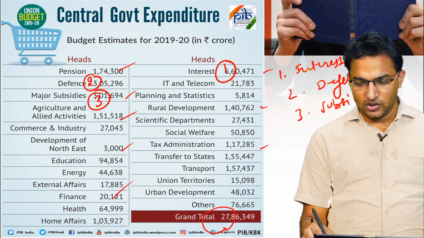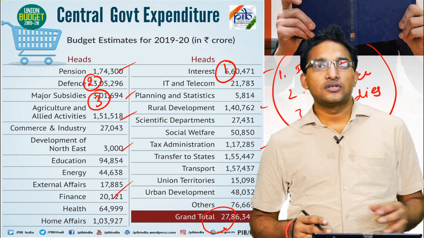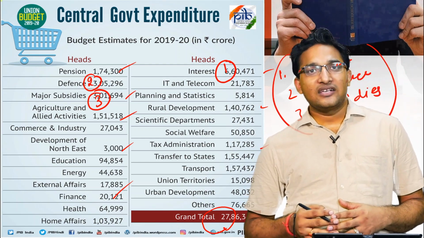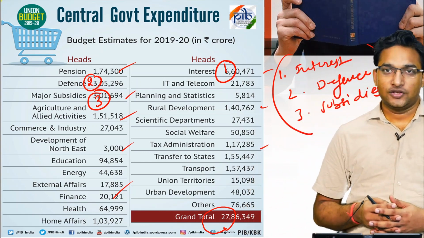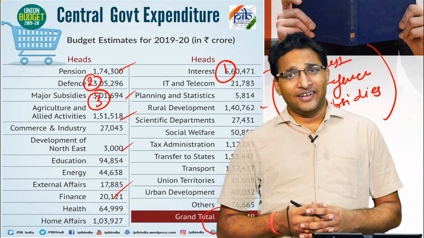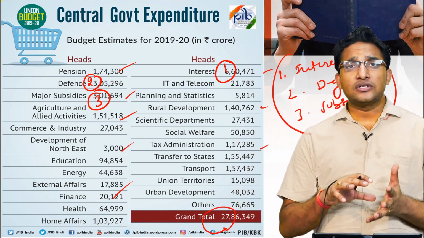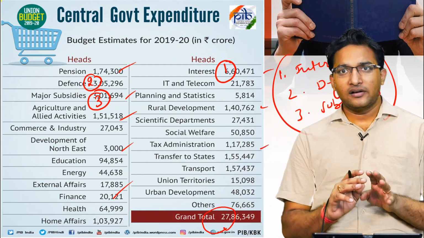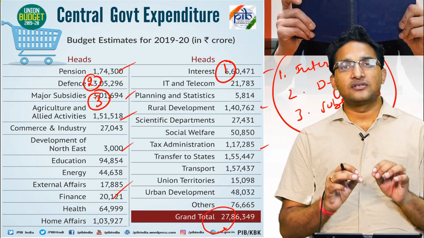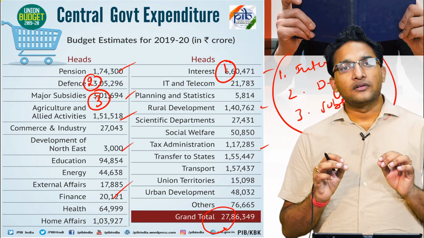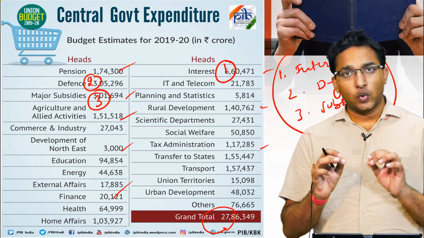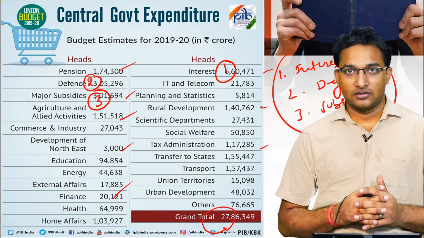You should remember this order of expenses, because in the prelims examination they can ask the major heads of expenditure. And when we see this, we can also observe a pattern that interest forms more than 20% of our total expenditure.